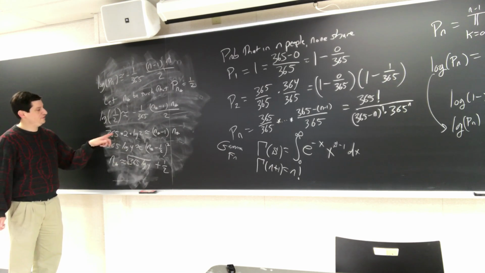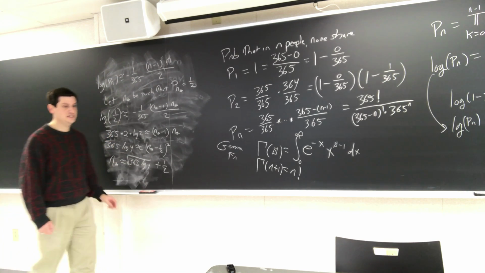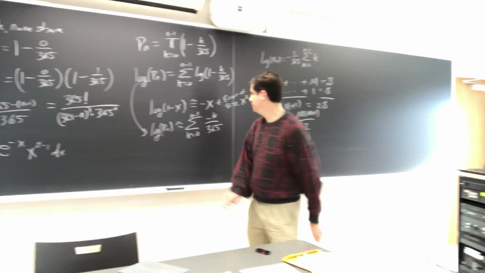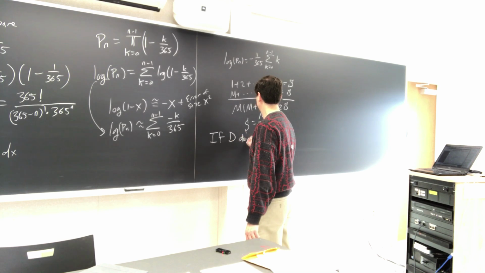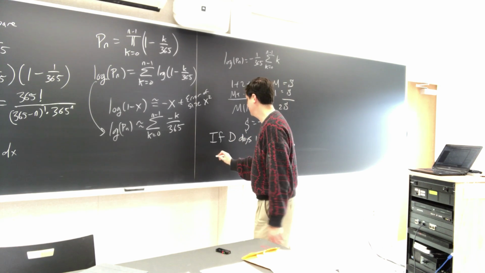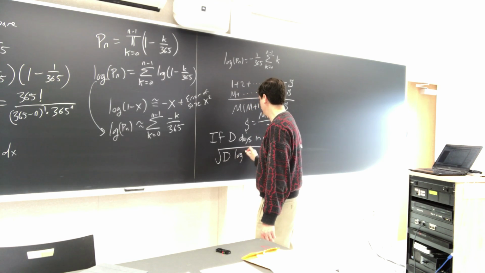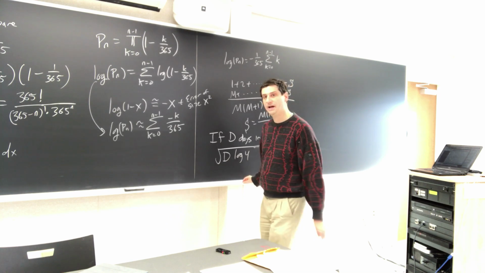That's why I was very careful not to multiply the 365 out. So if you have D days in the year, our guess is the square root of D times the log of 4, plus 1/2.